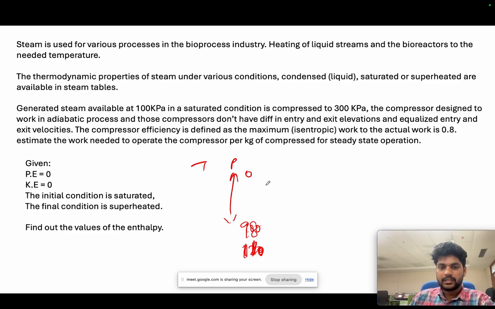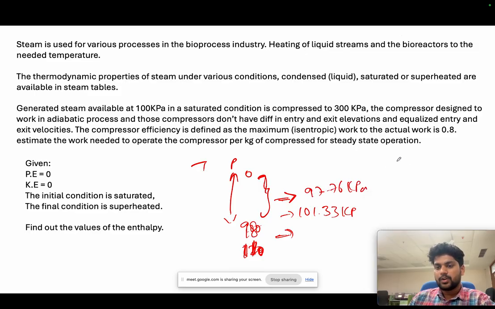Are you able to get it? Sir, there is 101.33 kilopascal. Okay, fine. What is the value before this? 97.76, sir. 97.76 kilopascal. Okay, fine.